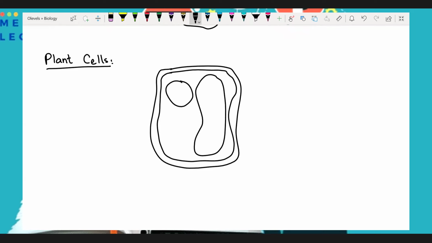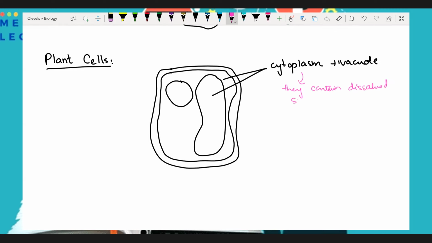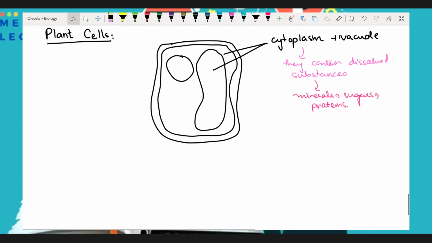So we know that the cytoplasm plus vacuole contain dissolved substances. What are those dissolved substances? Those could be minerals, sugars, and we can have proteins as well. So these are the dissolved substances that are present in the cytoplasm and vacuole.